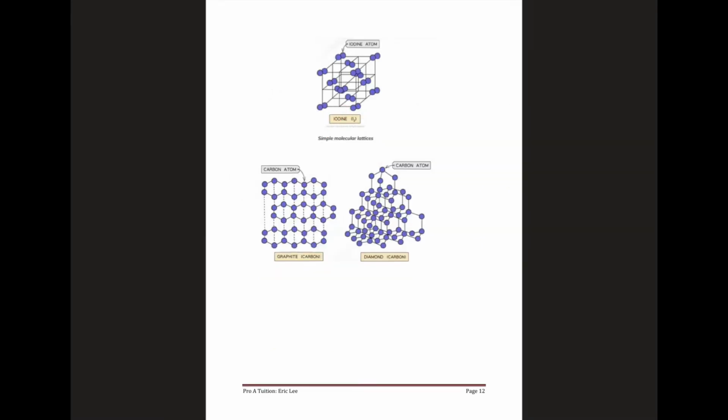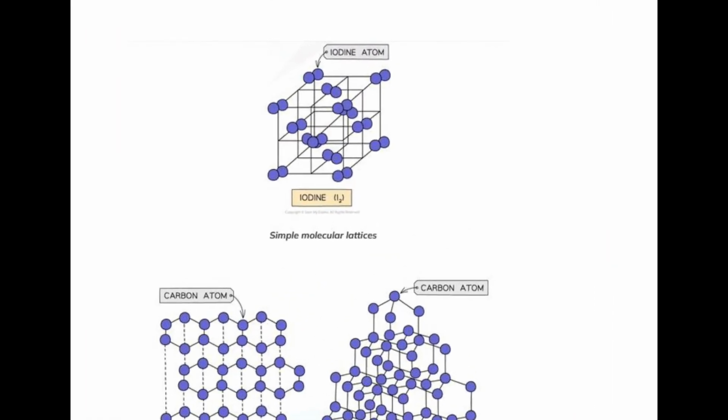Okay. This is iodine. So it is an iodine molecule, then in between van der Waals forces, then another iodine molecule, and so on. So they're linked together, forming a cube. But this cube is different from just now, where there is one molecule at each surface.